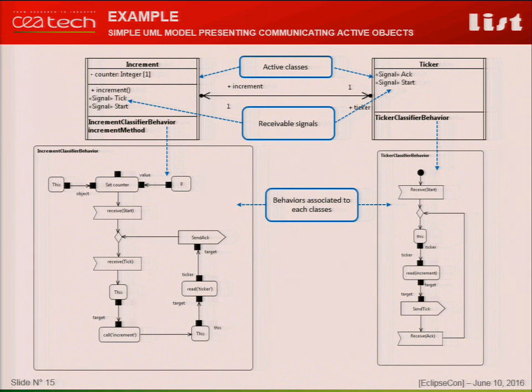The principle here is that this class, which has this particular behavior, handles a counter, and when it receives a tick signal, it makes sure that the counter is incremented and then sends a response to this object, which is waiting for its response here.